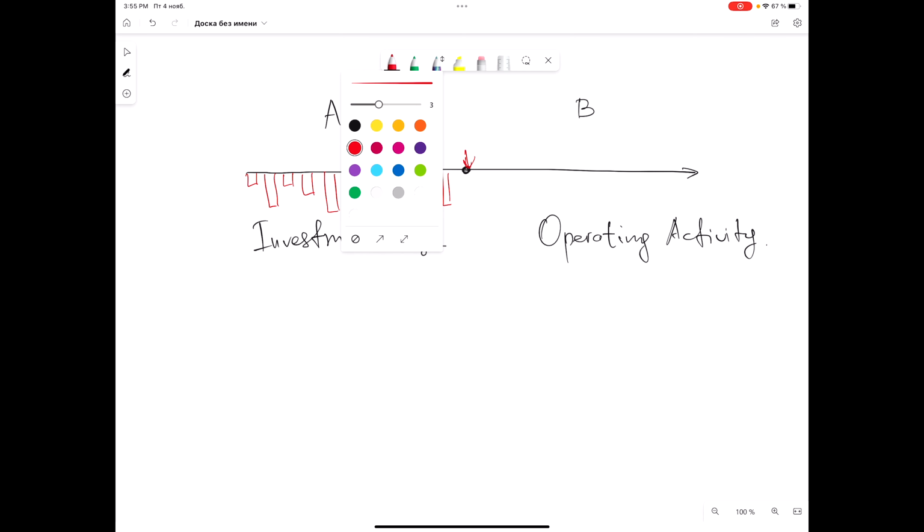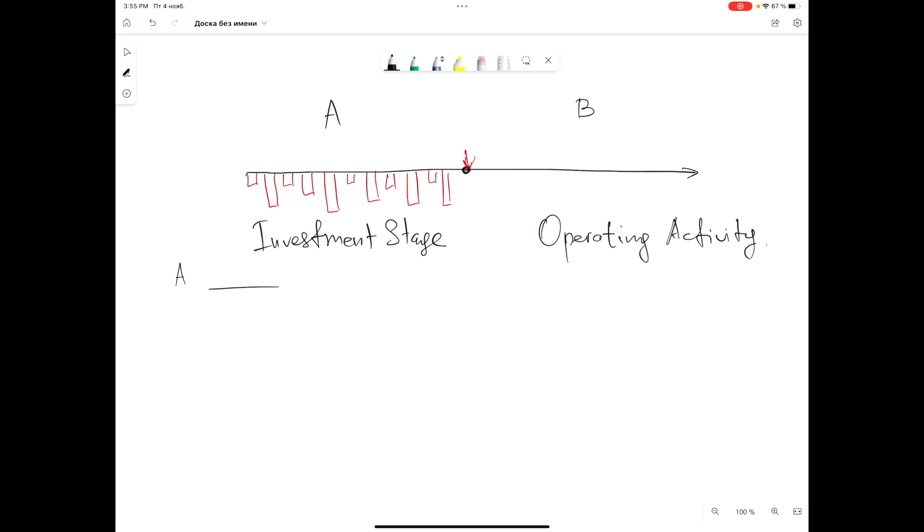And you need for the investment stage to create a list of your expenses. So just start with naming all your expenses on the investment stage and creating a total of that.